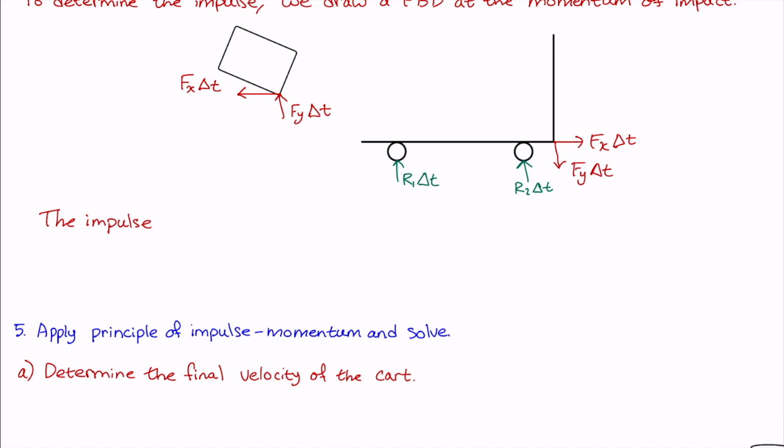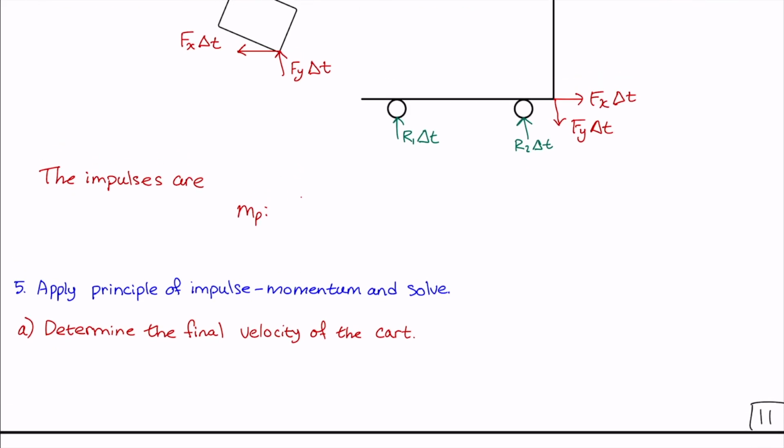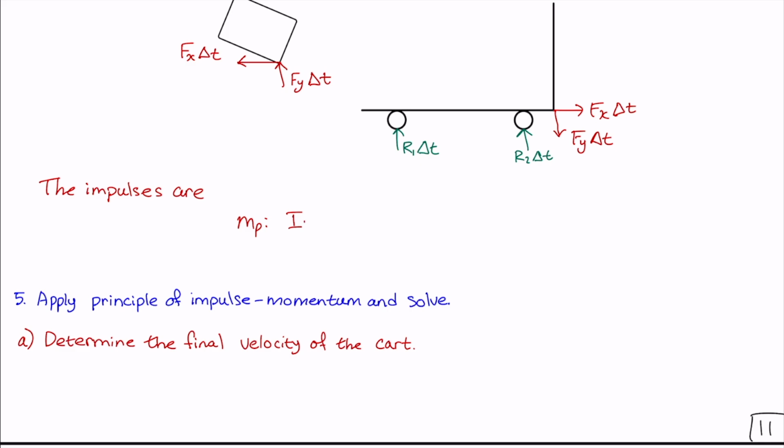In fact, we'll say the impulses are, for the package, mp, the impulse from 1 to 2 is going to be equal to minus Fx, and we'll put a little p here for package, minus Fx delta t I plus Fy delta t in the j direction.